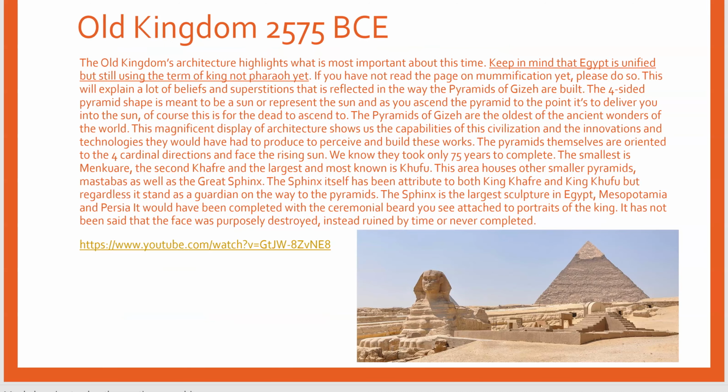Okay. Now, the Old Kingdom. If Egypt comes around at 3000 BC, here we are 425 years later, and we have this Old Kingdom, this next phase of Egyptian civilization. And its highlight is the architecture, specifically the Great Pyramids.